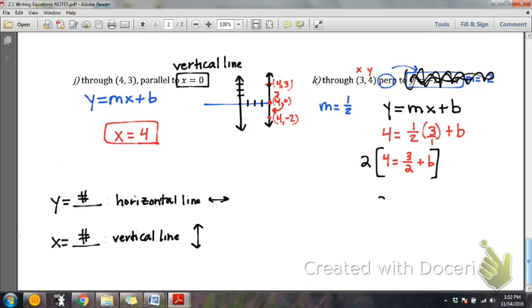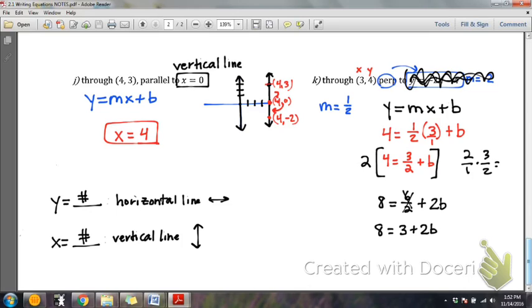So 2 times 4 is 8. 2 over 1 times 3 over 2 gives you 6 over 2, plus 2 times b is 2b. We did this so that we could get rid of the fractions, and 6 over 2 is really 3. So now we have 3 plus 2b.